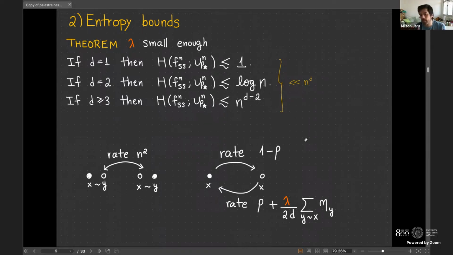This type of machinery, functional inequalities, entropy bounds, variational principles, they work very well, but you always need some sort of ellipticity condition. For example, SIP doesn't satisfy that ellipticity condition because the diffusion coefficient vanishes when the density goes to zero.